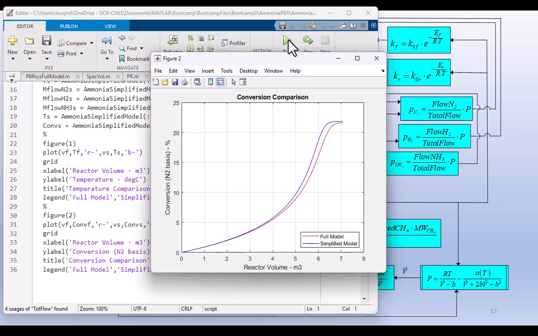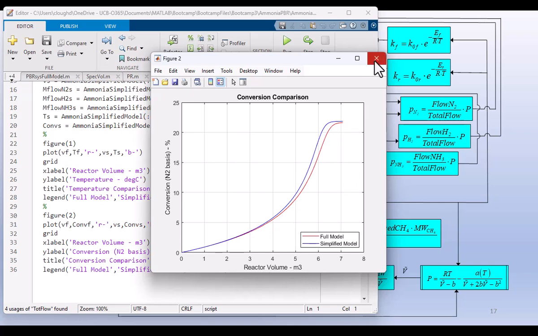it shows the full model and simplified model here. And you can look at these and you can say the results are fairly close, but the full model conversion is less than the simplified model. And going down the reactor, it takes longer before it approaches the equilibrium value toward the end of the reactor.